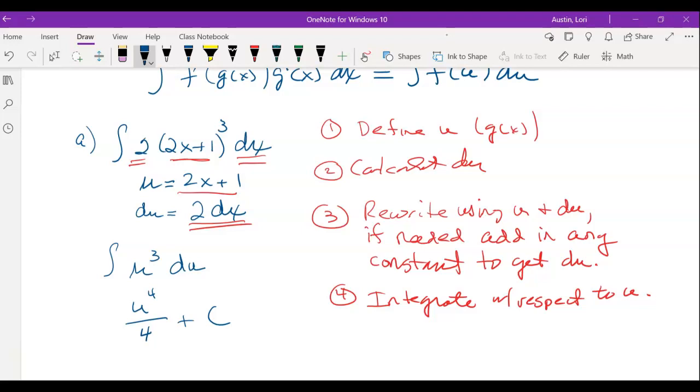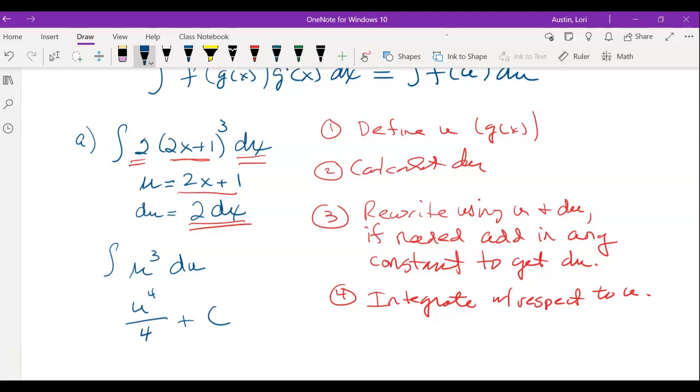So you rewrite this integral using u and du by substituting it in. We let u be 2x plus 1, so we put 2x plus 1 there, it became u cubed. du is 2 times dx, that became just du.